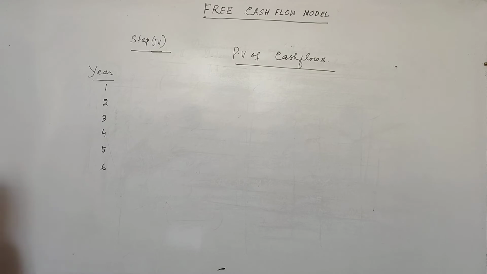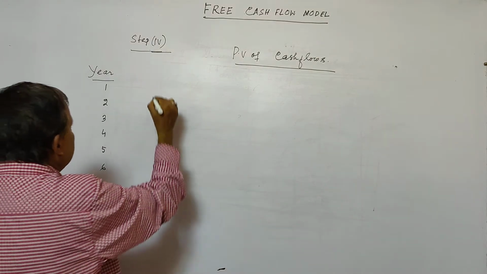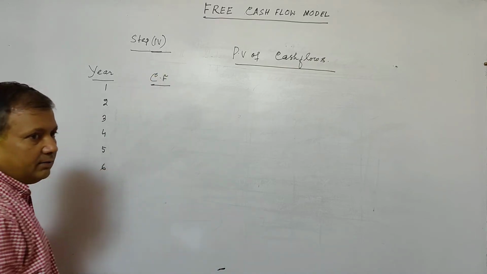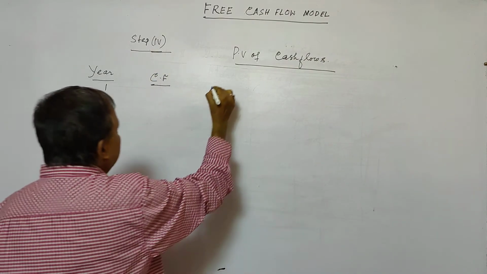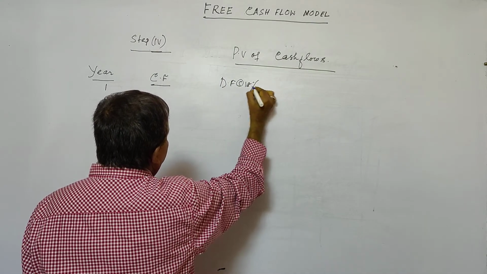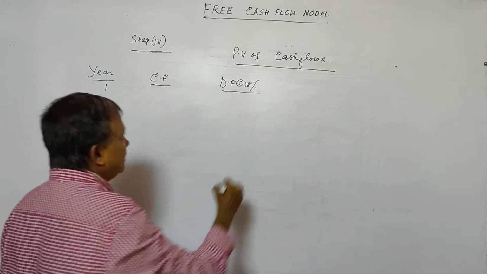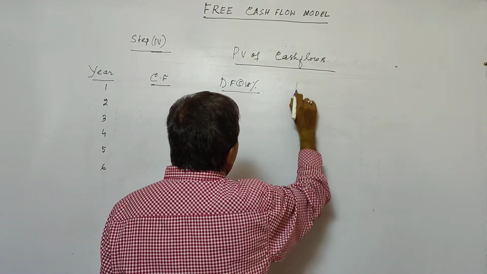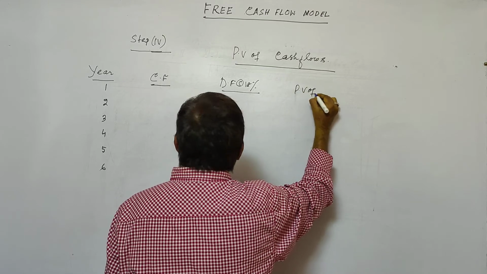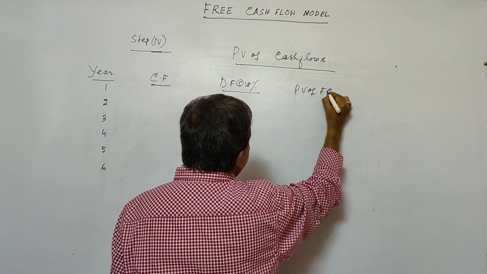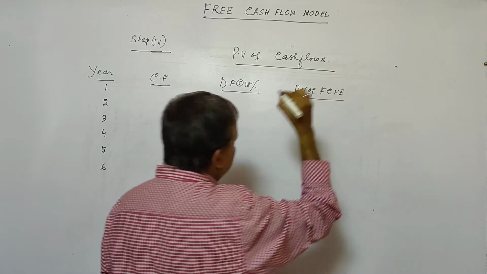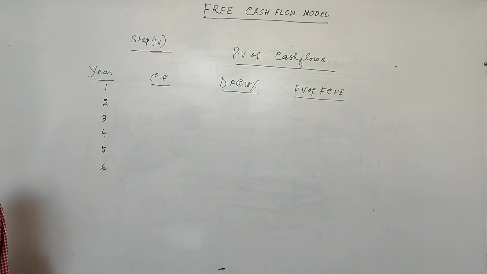And then we shall come to the cash flow. We have already determined the cash flow. Then we are coming to discount factor at a rate of 18%. Then we shall come out with the present value of FCFE that we can find out.